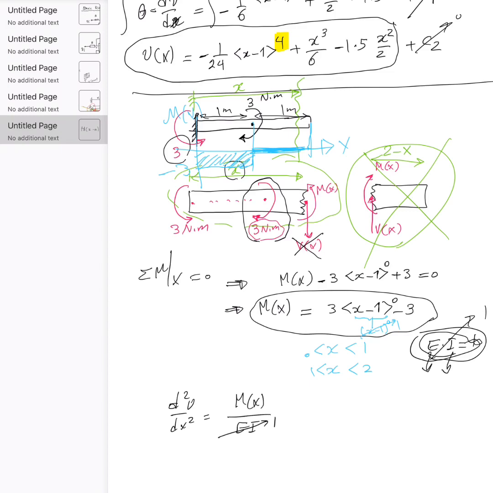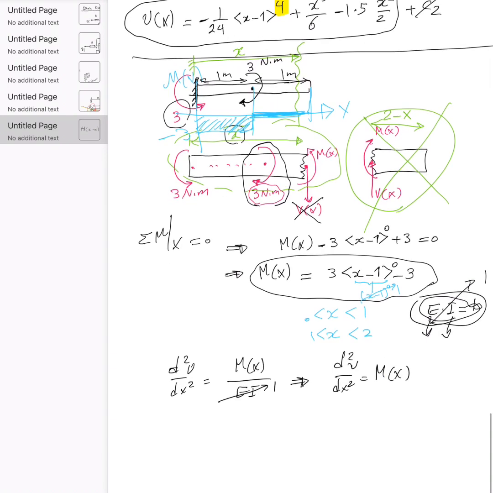If your EI is 1, then the second derivative of v with respect to x is equal to m of x. Plug in m of x, so you get the second derivative, let's show the derivative with a dot on v to make it simple, is equal to 3 times x minus 1 to 0 minus 3.